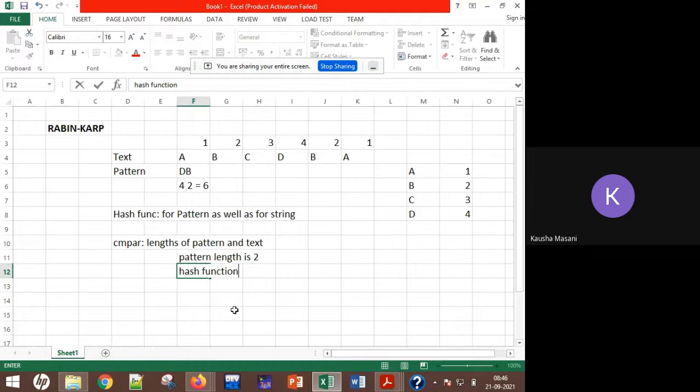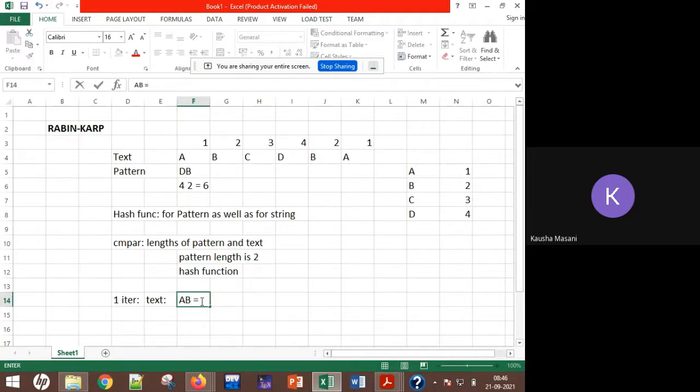For this particular example, my hash function says I have to add the values, as I did here: 4 plus 2 equals 6. In the same manner, I will do the addition for the text characters I am choosing. In the first iteration, the text chosen is AB.